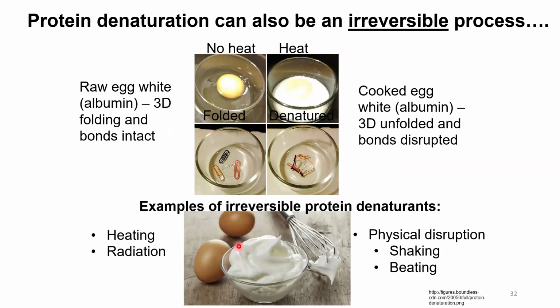It can be like this poor little egg where it's all folded correctly, but then when you cook it, it's all denatured and you have no more undisrupted proteins. So this is heat related denaturation. Then there are other types like heating, radiation. Sometimes it's like whipping up some cream here, and so on.